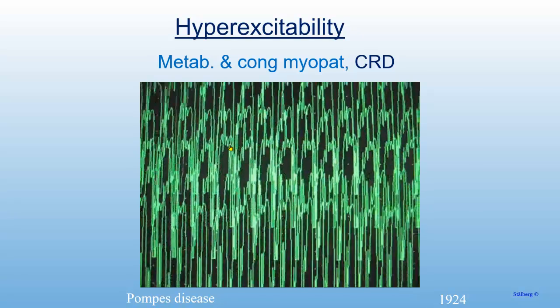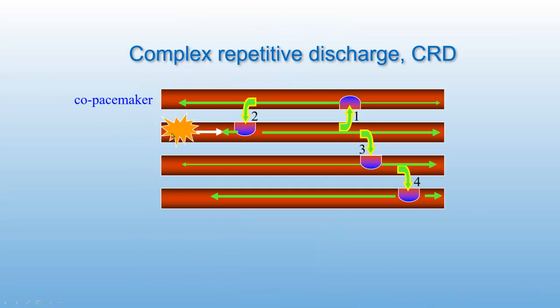And the explanation may be the following. We have abnormal muscle fibers that are hyperexcitable. We have a fibrillation potential that starts and goes this way and can, with ephaptic transmission, activate a neighboring muscle fiber, and we can have a loop here.